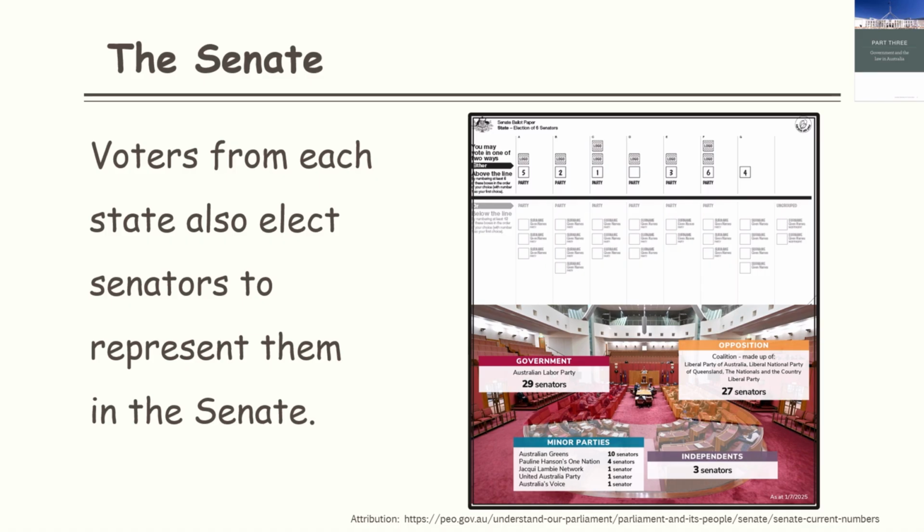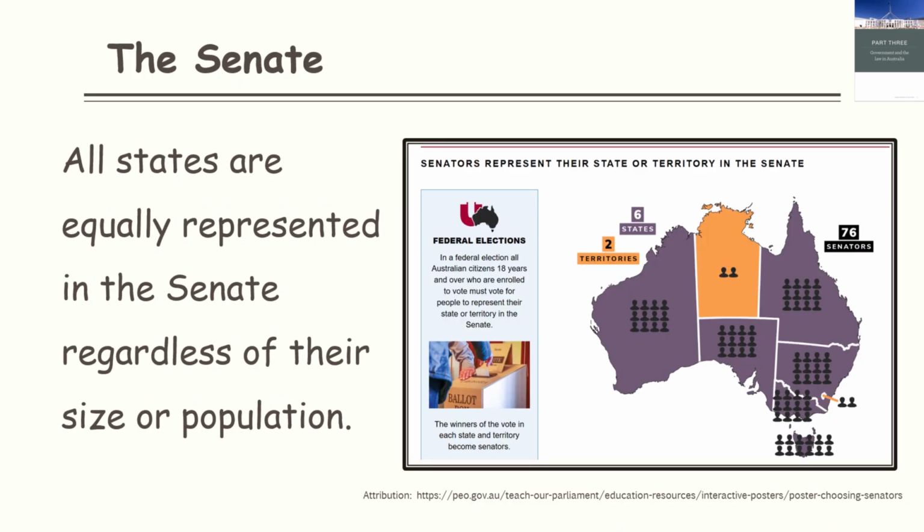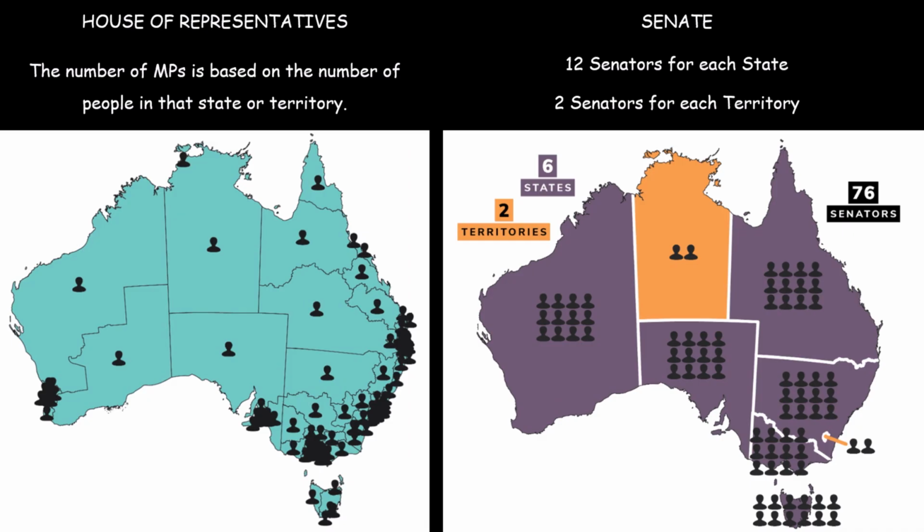Voters from each state also elect senators to represent them in the Senate. All states are equally represented in the Senate, regardless of their size or population. This contrasts with the House of Representatives, where the number of MPs is based on the number of people in that state or territory.